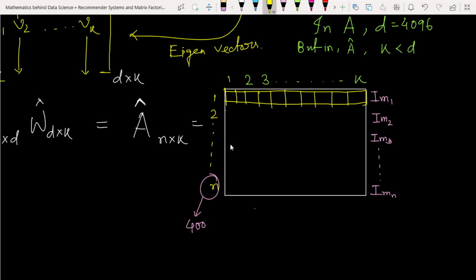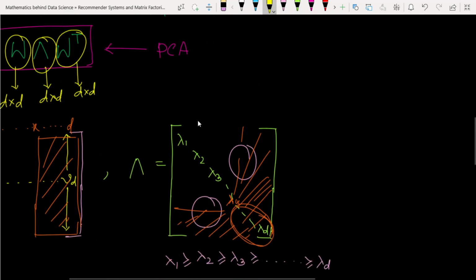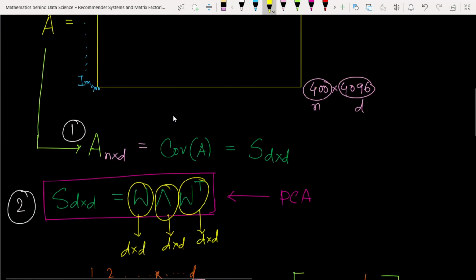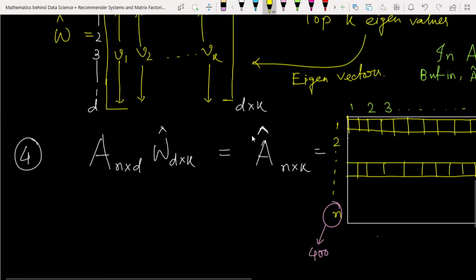Here also each row vector is a vector representation of each image, but the main advantage is that the original dimension is 64 cross 64, whereas here the dimension is reduced.